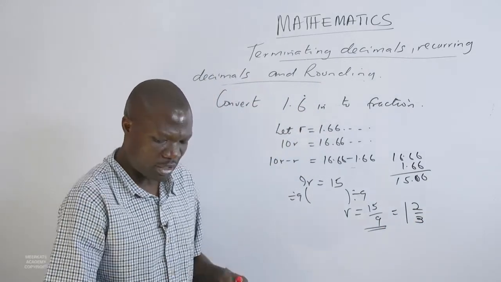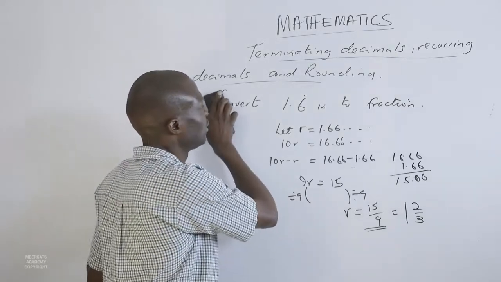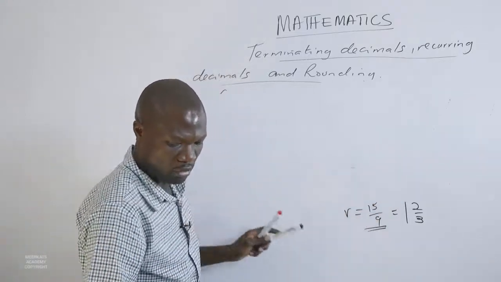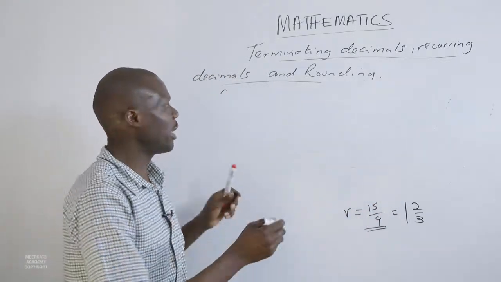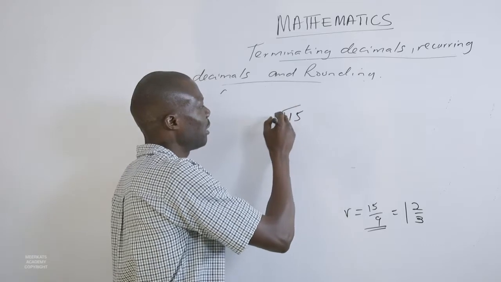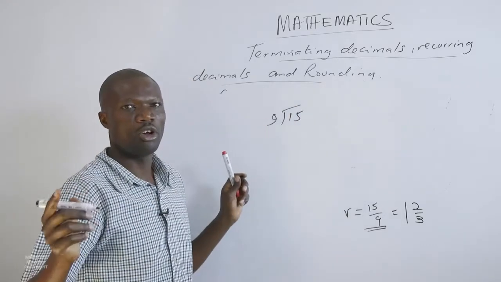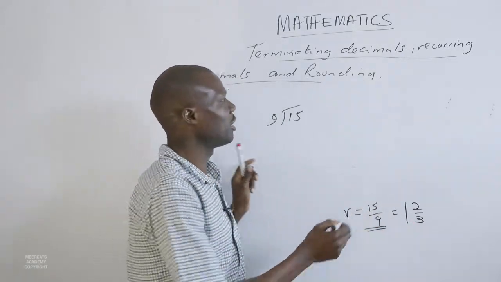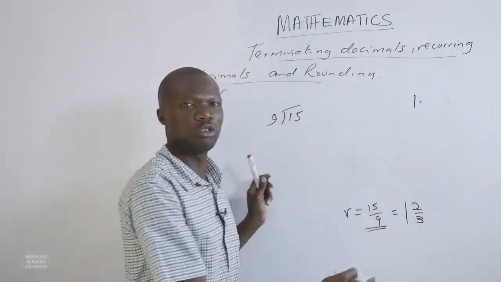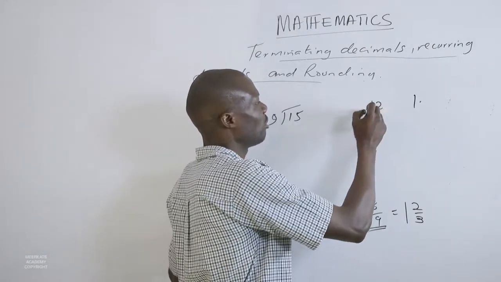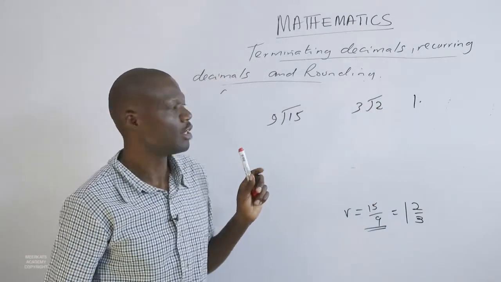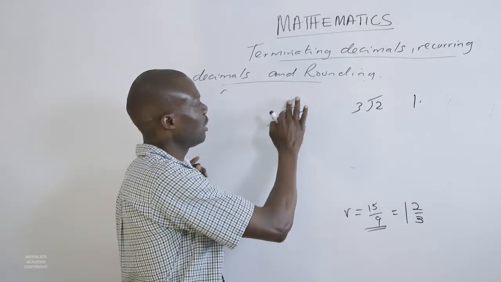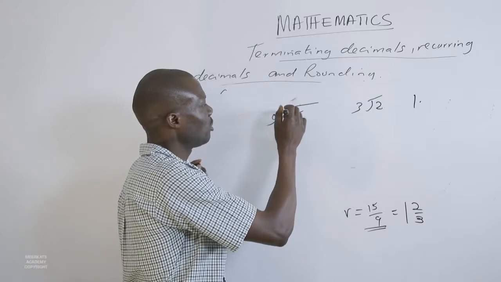So if we are to check our answer backwards, from what we just have, you either choose to say 15 divided by 9, or, because you have 1 and 2 over 3, this is 1 point. We say the decimal point should be directly above.